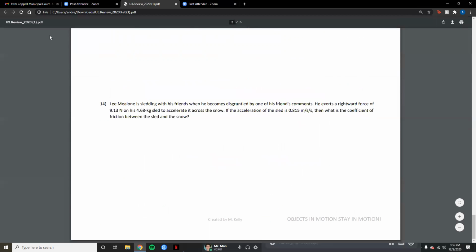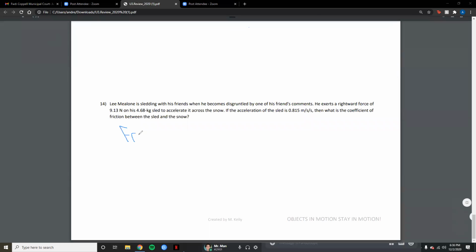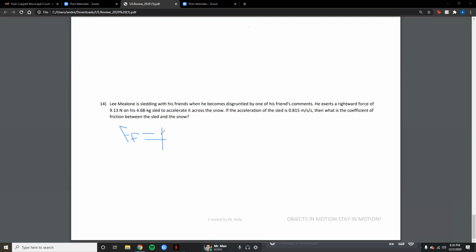So friction force equals mu times f of n, right? We already have f of n and we already have friction force, so we just do the Kelly way and isolate first. Equals mu. Yeah, I got it, Andrew.